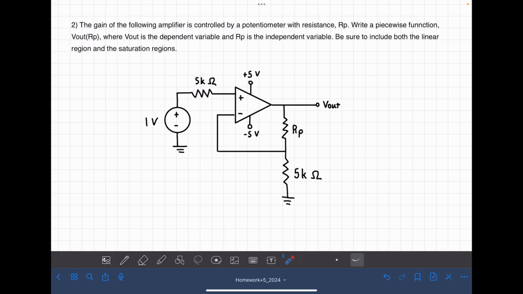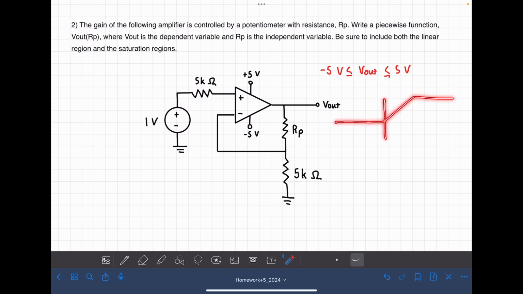And if you'll notice, it needs to be a piecewise function, because from before we have our power inputs here. So we know that V out has to be in between these two power voltages, or power supplies here. So our graph will end up looking something like this.